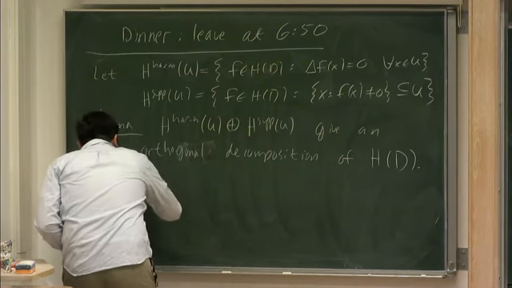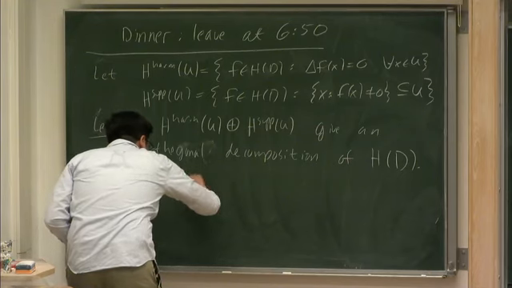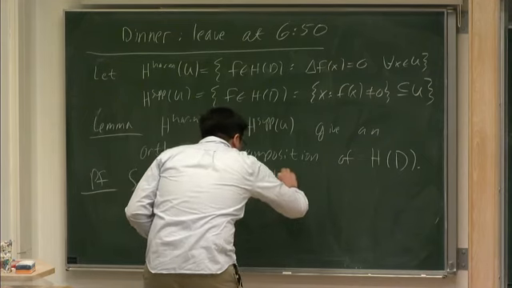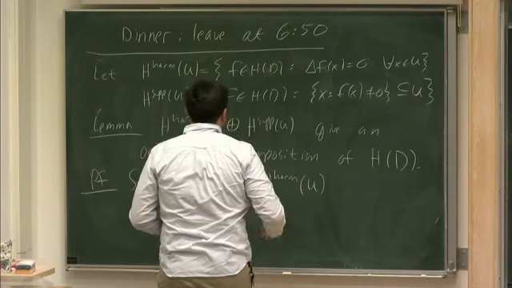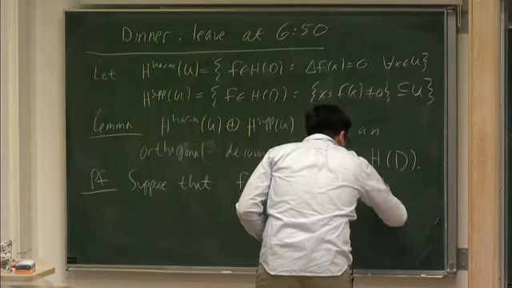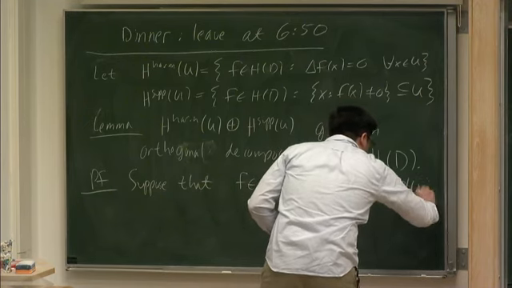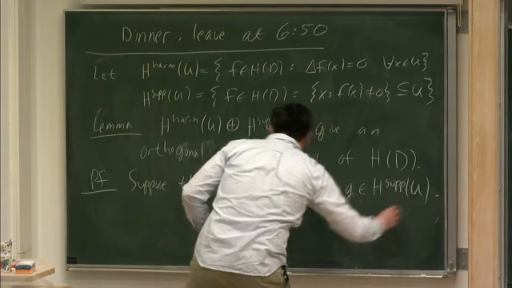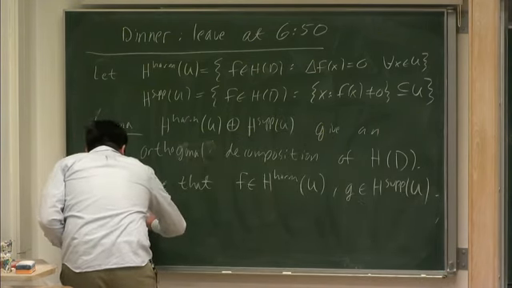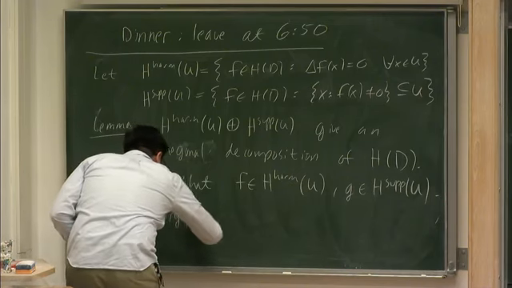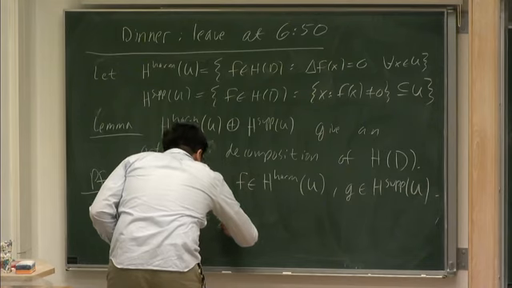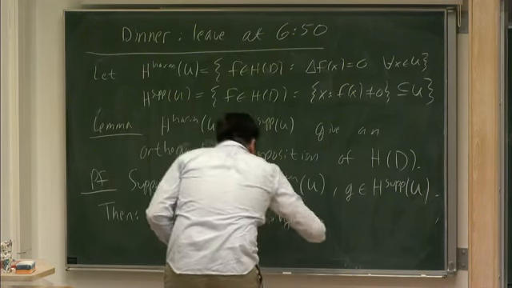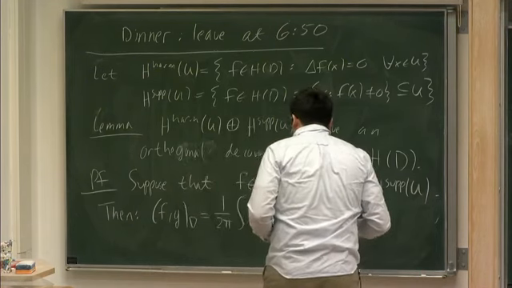Suppose that we have f, which is in H harm of U, and g, which is in H sup of U. Then their inner product is going to be equal to 0 because if you just write it out and do an integration by parts, you can put the Laplacian onto f.